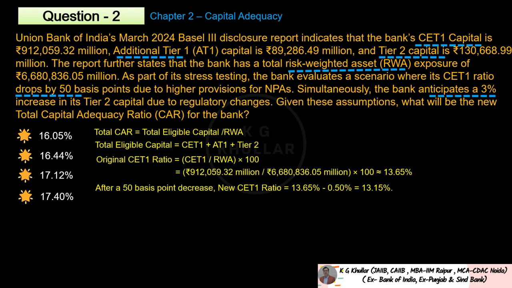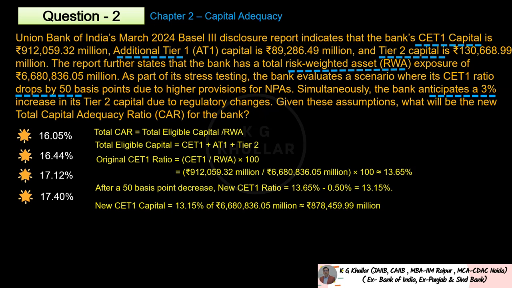Now friends, let's move on to the changed scenario. So after a 50 basis point decrease, the CET1 ratio will become 13.65% minus 0.50% equals 13.15%. Now using this, we can easily find new CET1 capital as well.